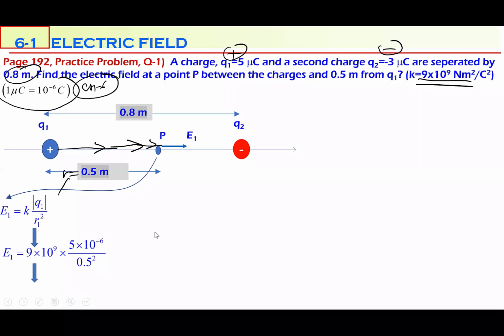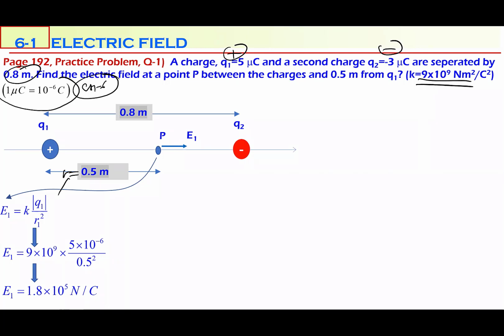Q1 is 5 microcoulomb; I converted to coulomb by multiplying by 10 to the power of negative 6, divided by the distance from charge to the point, which is 0.5, squared. When I do the calculation, I find that the first charge, Q1, produces at point P an electric field of 1.8 times 10 to the power of 5 newton per coulomb.